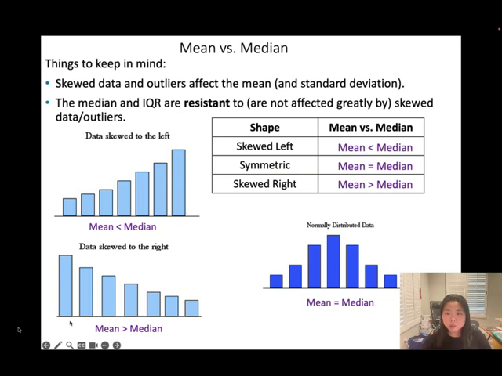So the mean is greater than the median. Sometimes we only have the data and numbers on hand, and we don't have the picture of the distribution. You can guess whether the mean is greater, the median is greater, or they are equal to each other. If they are equal, there is some probability that it is a normal distribution.